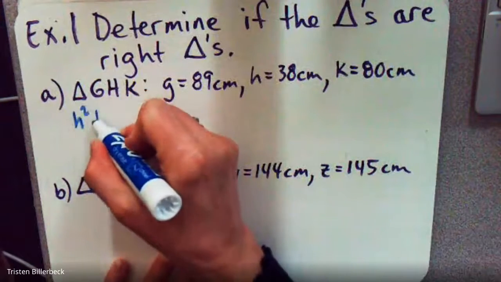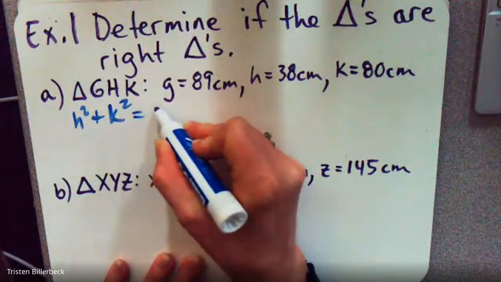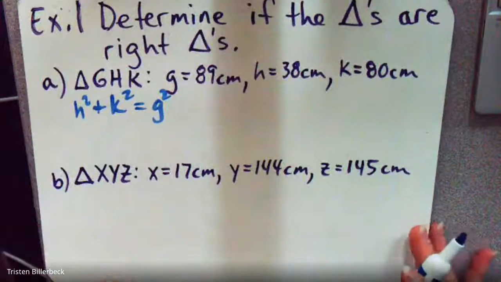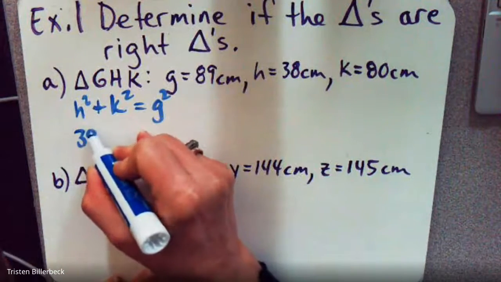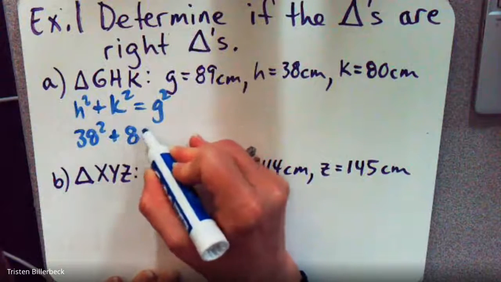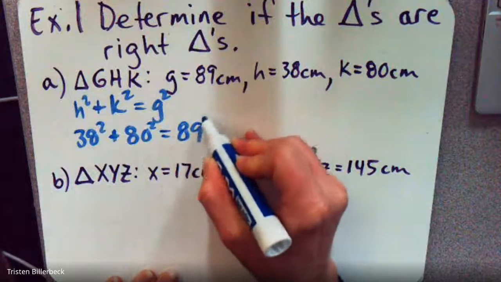H squared plus K squared equals G squared. If that's true, we have a right triangle. So let's see, we have 38 squared plus 80 squared. And we want to know, does that equal 89 squared?